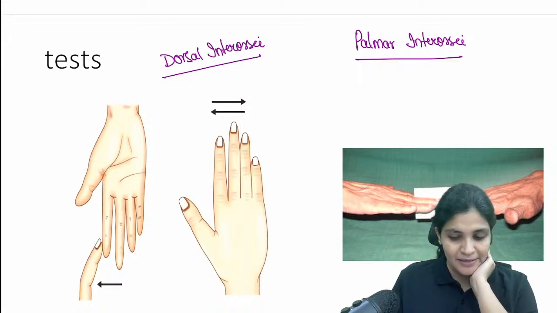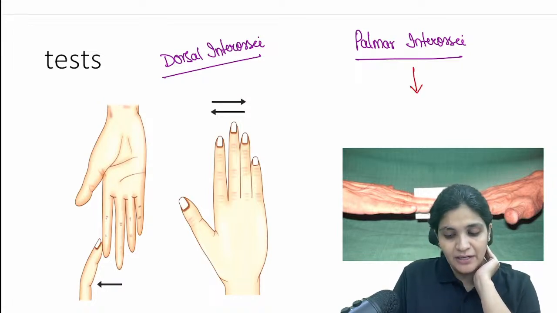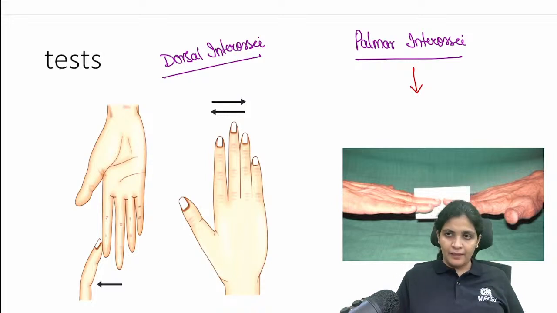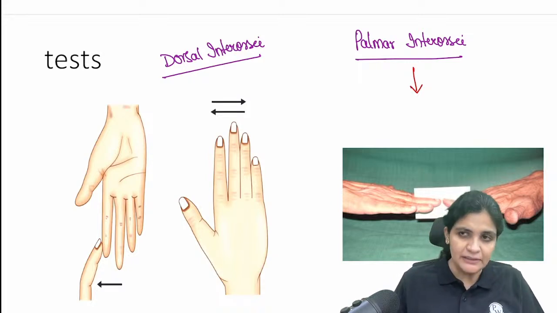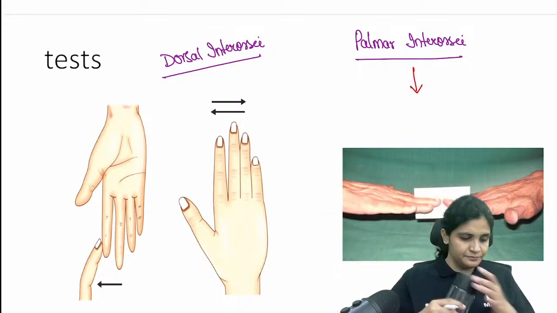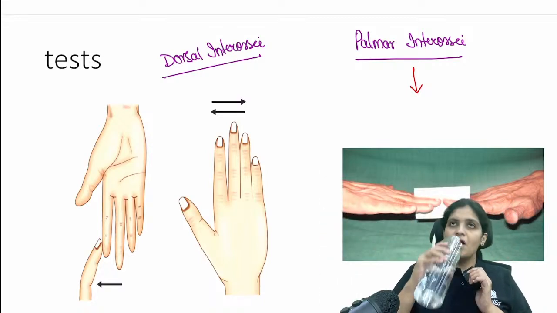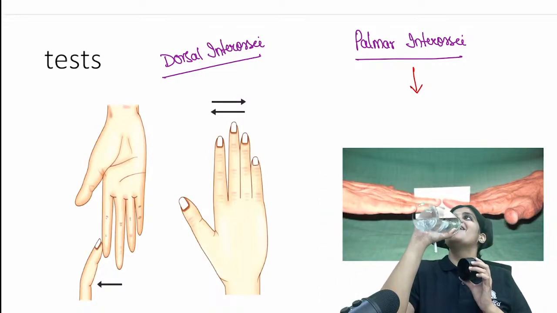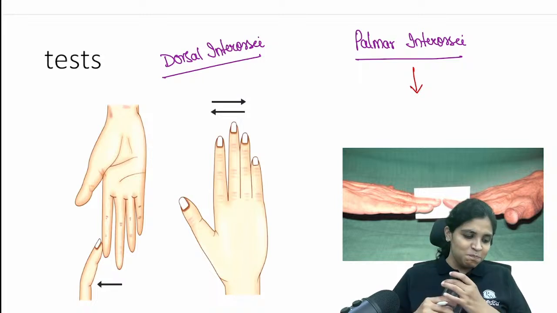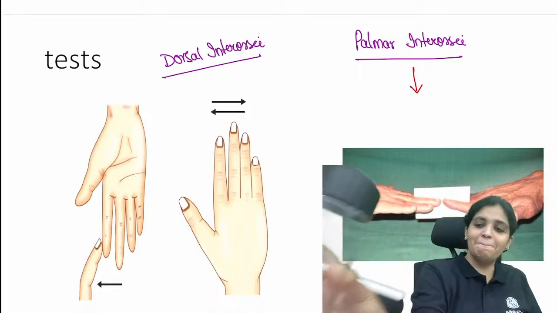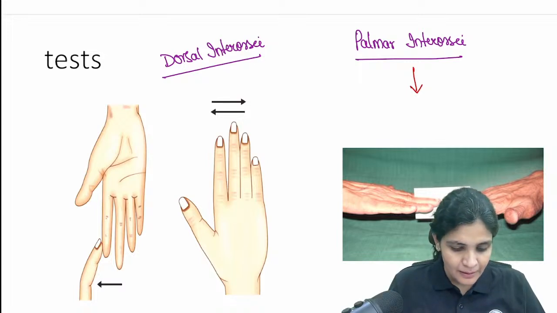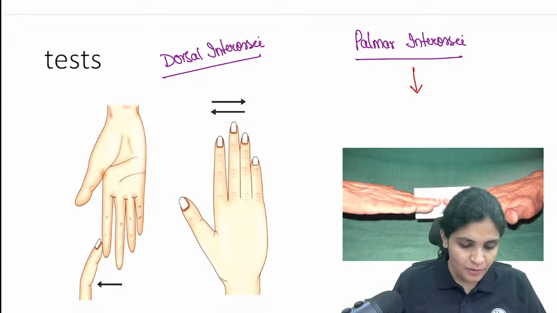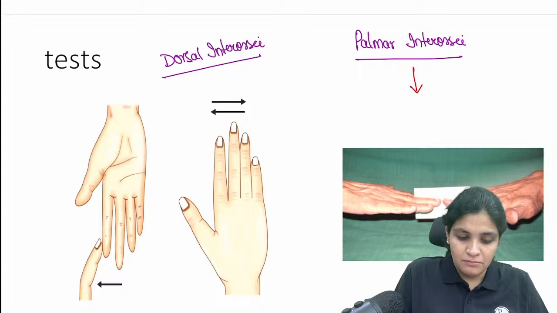Palmar interossei, I am asking you, what test is this? Faster, faster. Palmar interossei, I told you. Okay, I will accept.